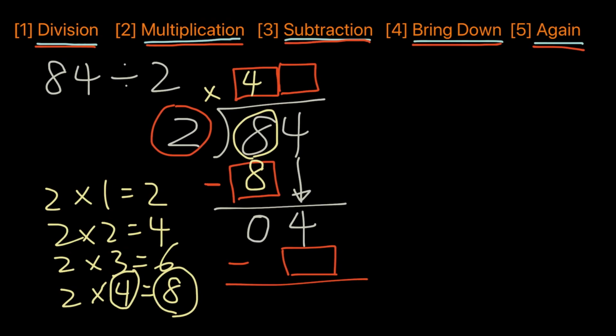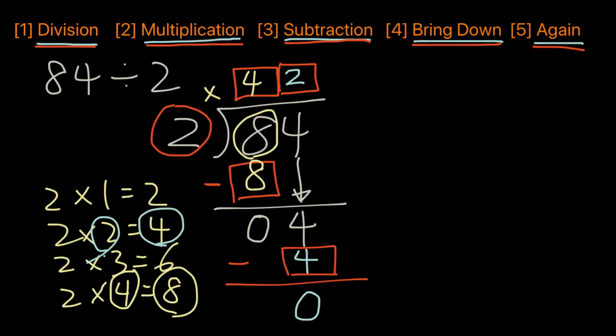So 1 number times by 2 will become 4. And we can see this one will work. So we need to times it by 2. And that equals 4. And we take 4 minus 4, then we have 0.